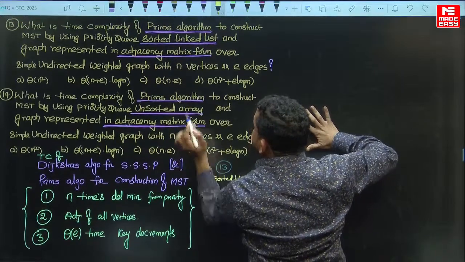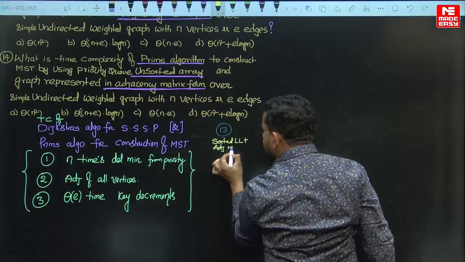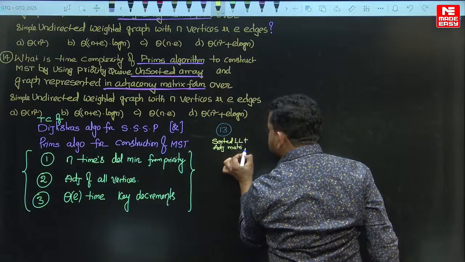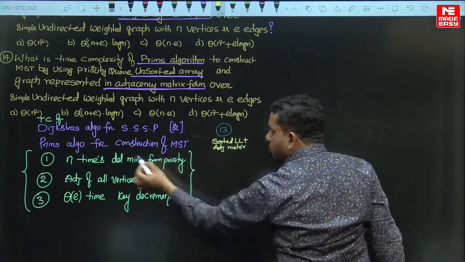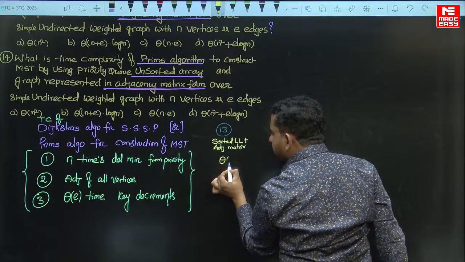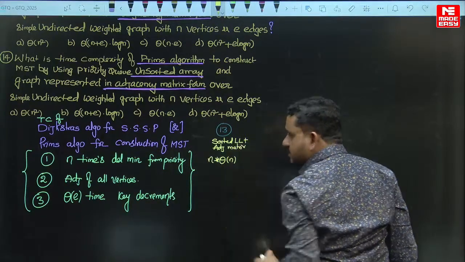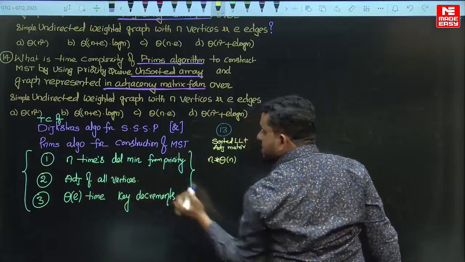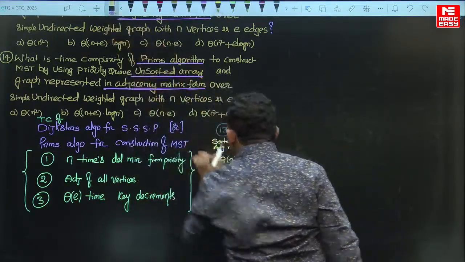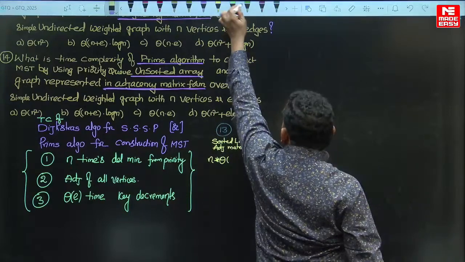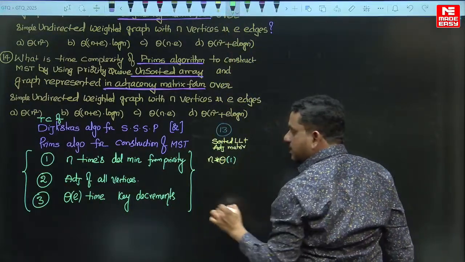In a sorted linked list, one delete min requires constant time, repeated n times.